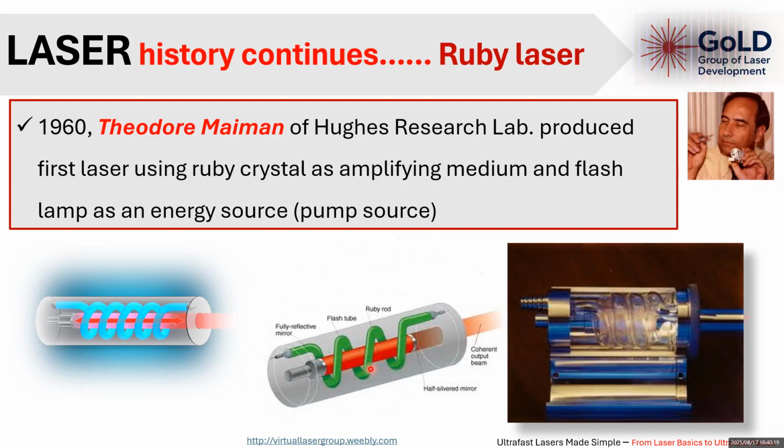Here you can see the ruby rod, the red one, surrounded by the flash lamp. So this is basically pumping and so on that we study. This animation is showing how the ruby laser works, and the ruby laser was a pulsed laser.